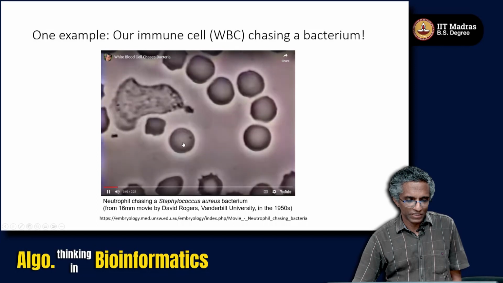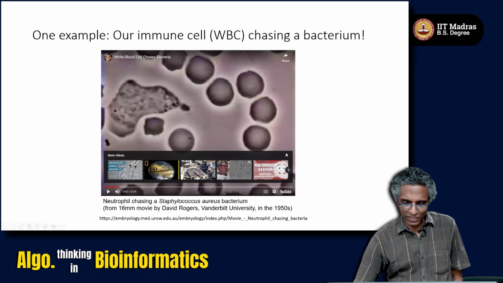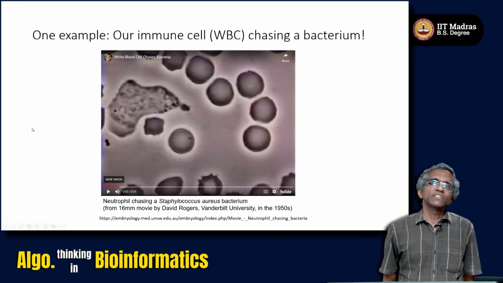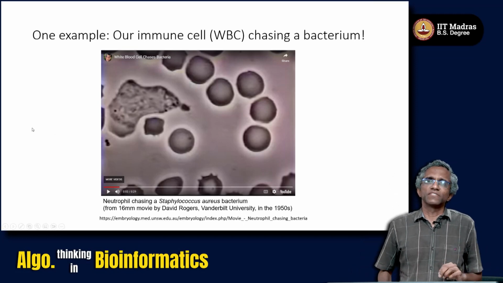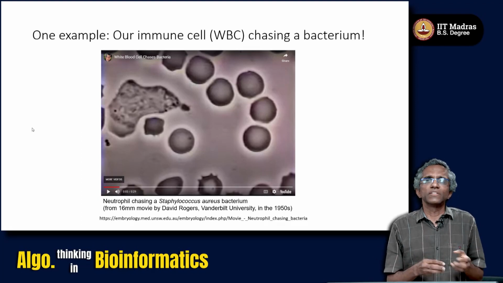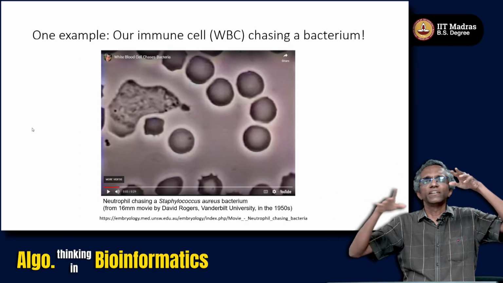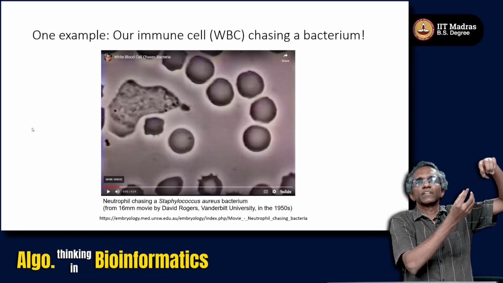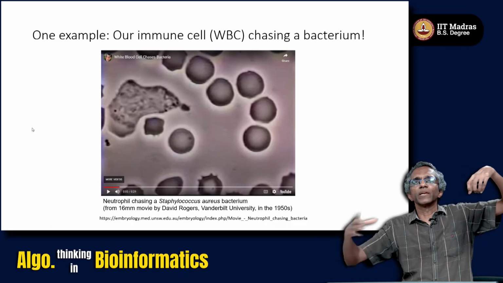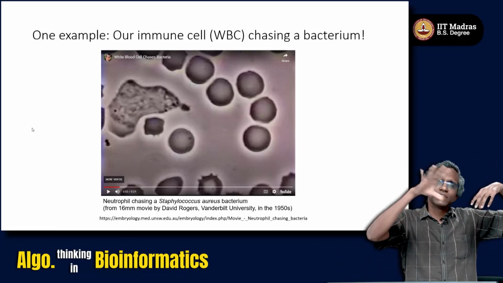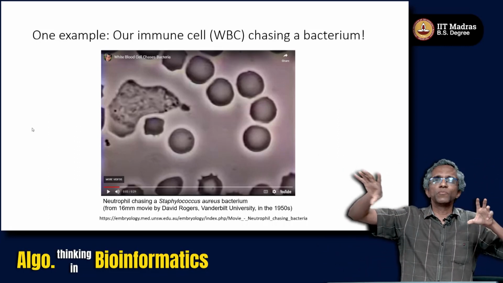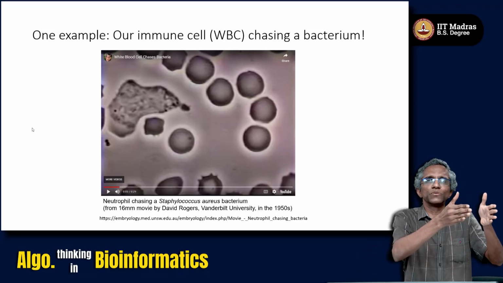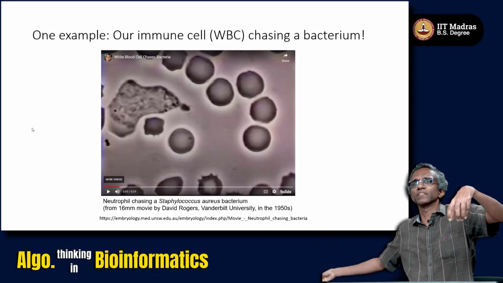There are multiple things happening here. You have the neutrophil, which has to continually know where the bacteria is. The bacteria will shed certain molecules, and the molecule will set up a gradient, so that the concentration of the molecule is highest near the bacteria and tapers off far from the bacteria. The neutrophil is a huge cell body compared to the size of the bacteria. So, it will be able to know that in the front of the neutrophil there is a high concentration, and in the back there is a low concentration.